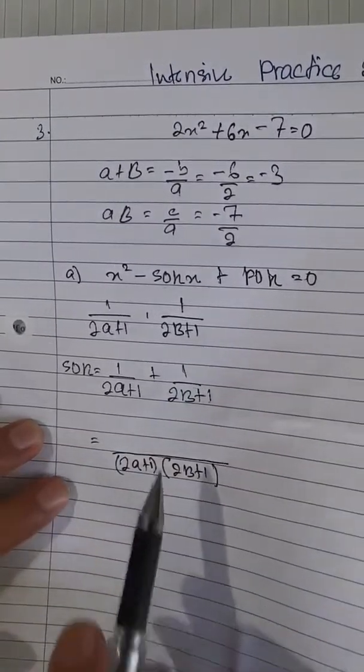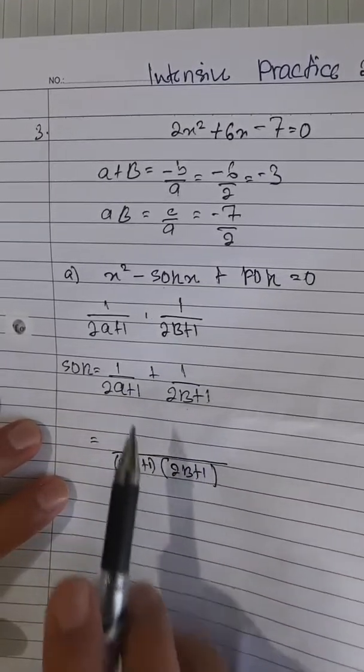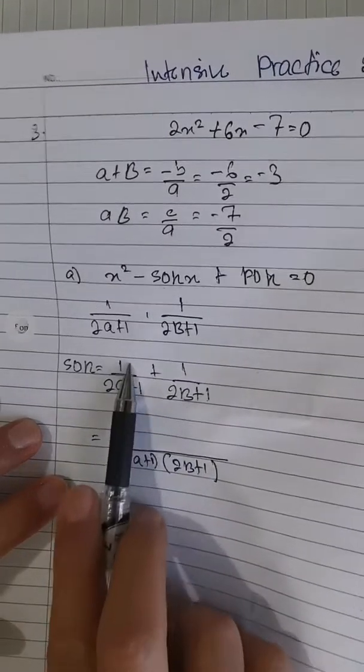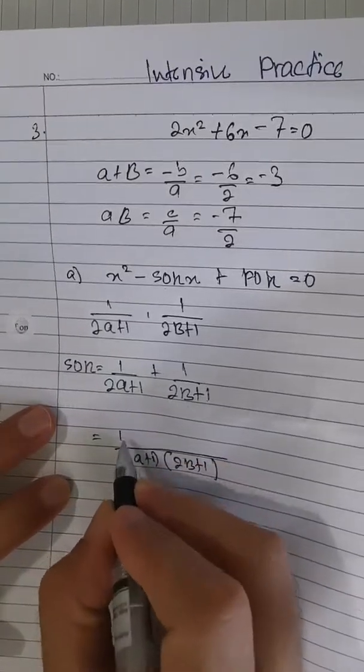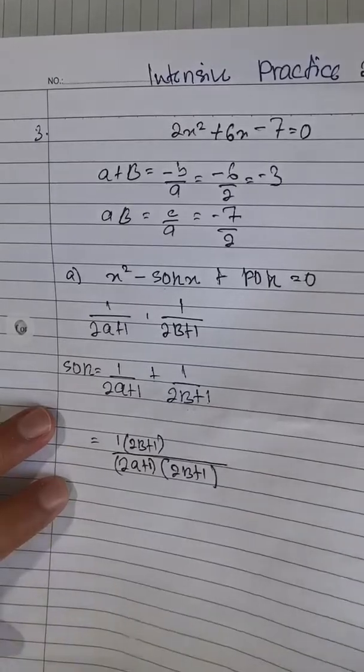Since the denominators are not the same, with 2 alpha plus 1 times 2 beta plus 1, the 1 also has to multiply by 2 beta plus 1. So 1 here multiplies with 2 beta plus 1.